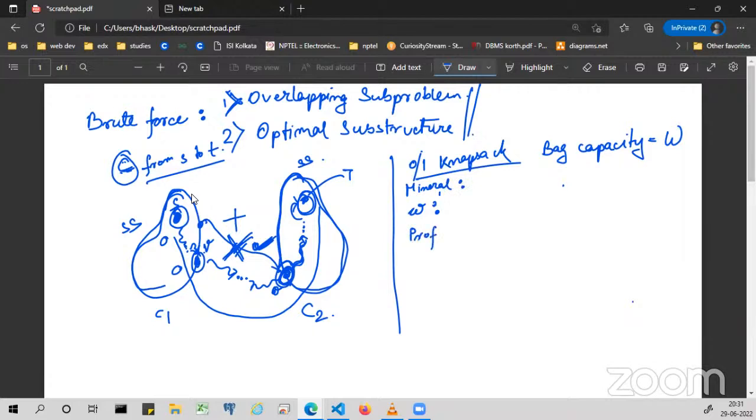So let's say you sell these minerals, or how much of the mineral you take, that is actually your profit. So if I have minerals, say 1, 2, 3, 4, 5, 6, or 7 minerals.